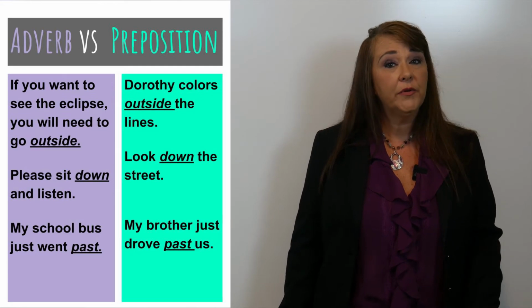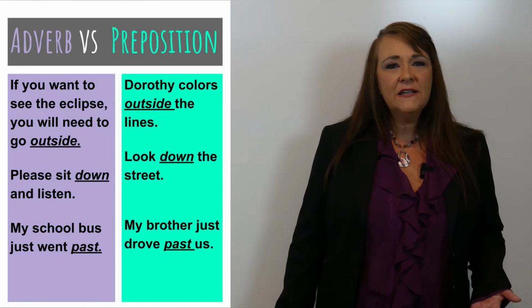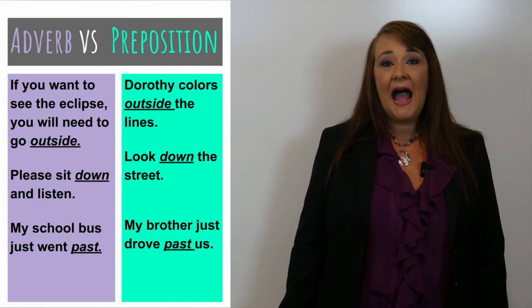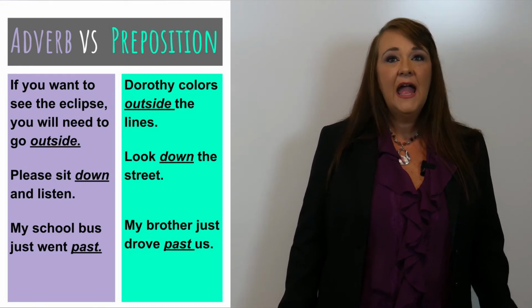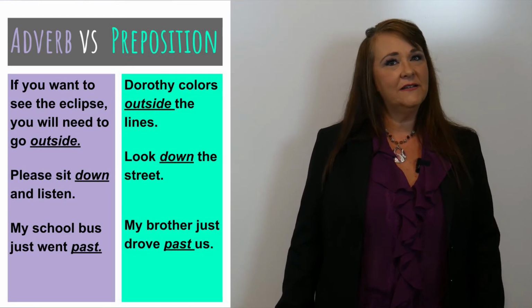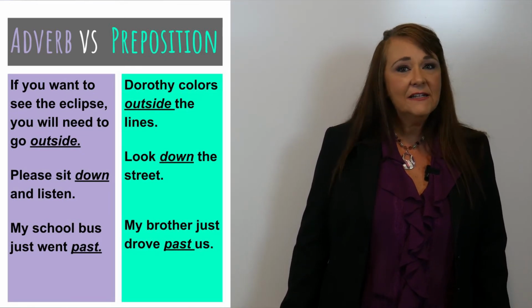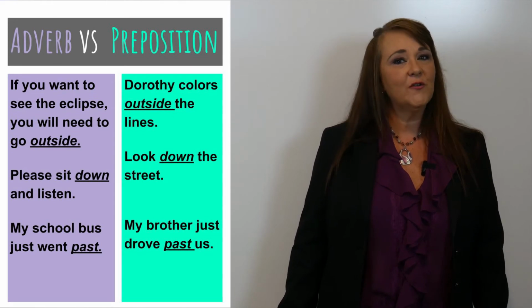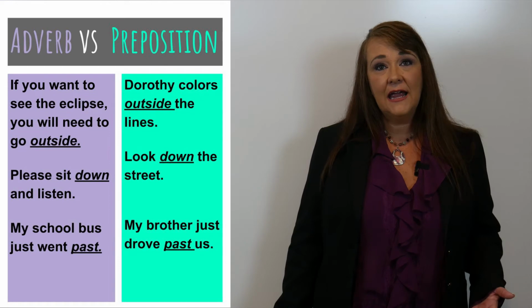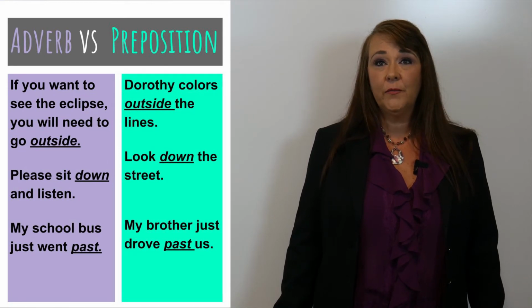If you want to see the eclipse, you will need to go outside. Outside tells you where you will need to go. There is no object after the word outside. So outside is an adverb.